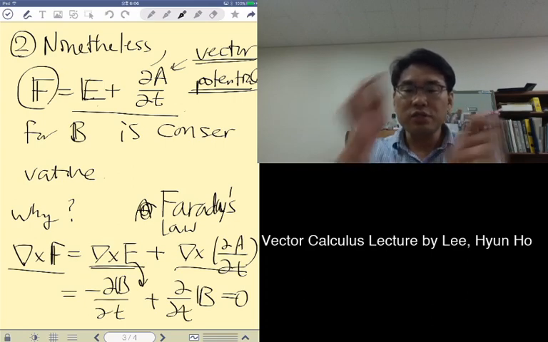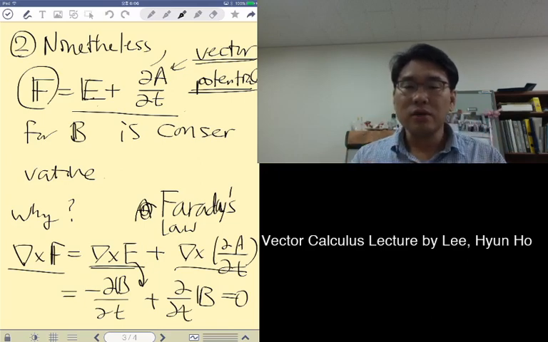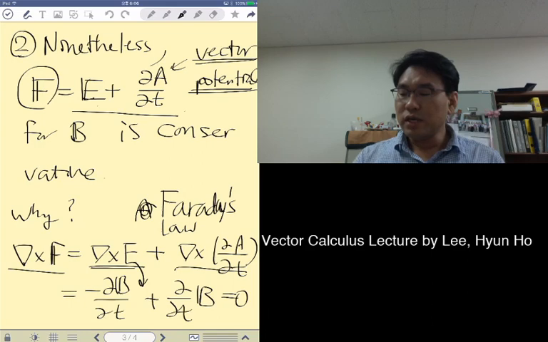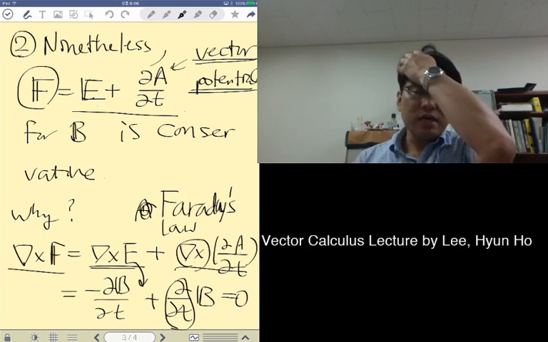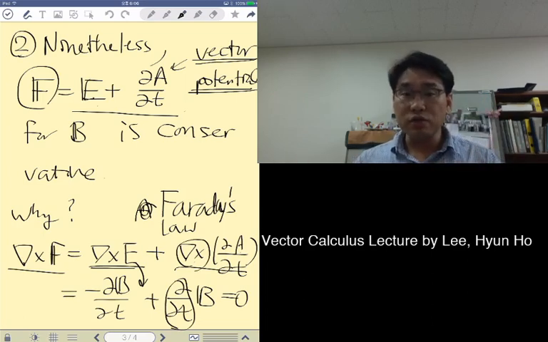So we can switch the order: we apply nabla times first, nabla times A first, and nabla times A is equal to B by the definition of the vector potential.